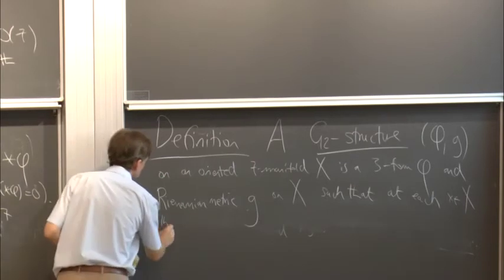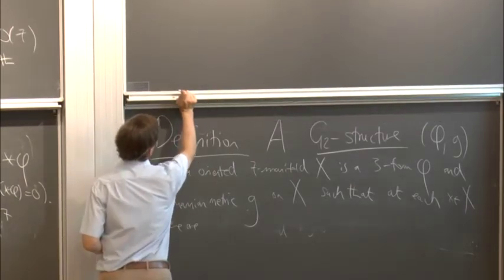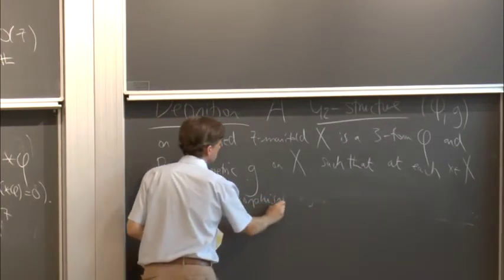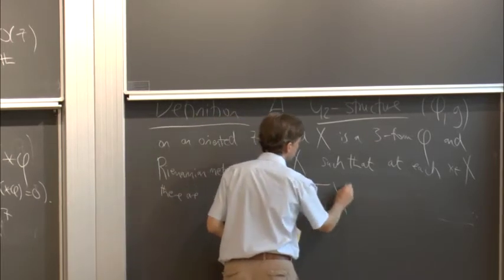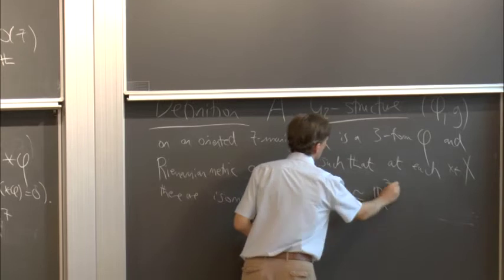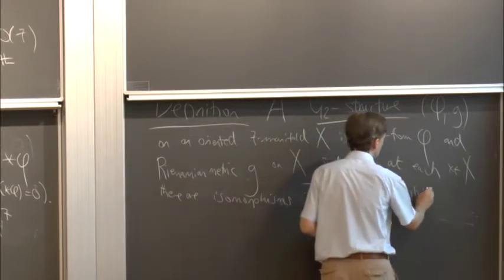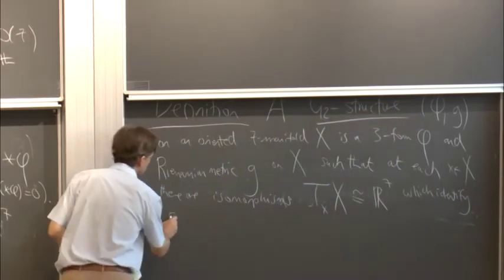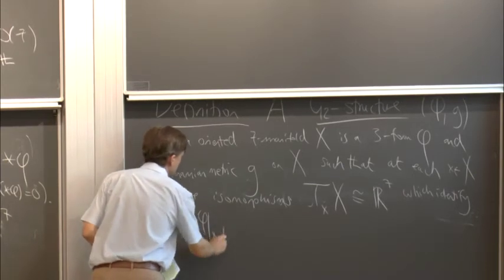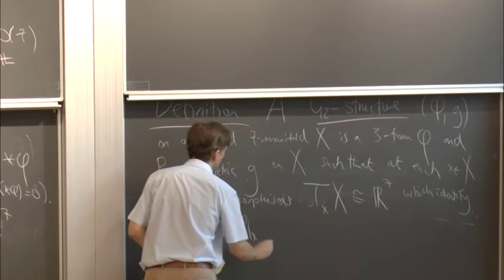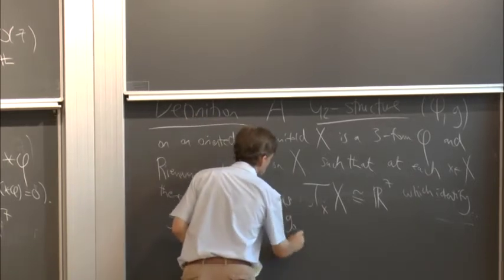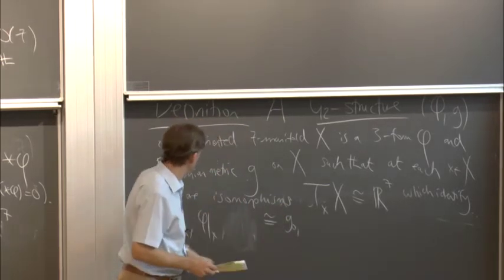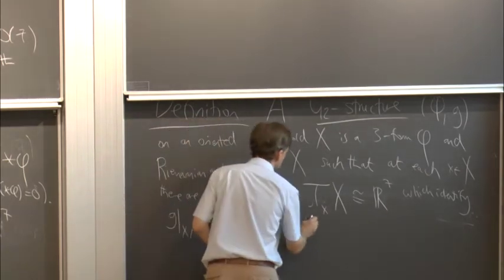There are isomorphisms T little x of big X to R7, which identify G at x and phi at x with G0 and phi 0. Actually, we don't need the star phi, it'll be automatic.